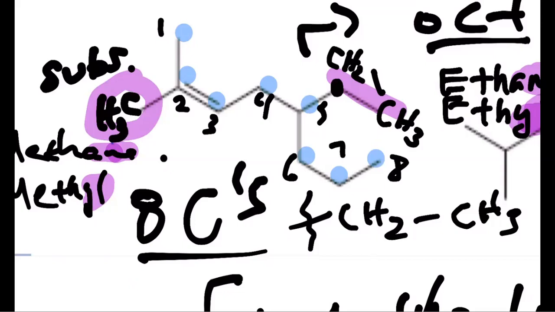So where is your alkene and where are your substituents? Which carbons? You got it. Alkene. Go ahead. Say that again. You kind of chopped up. The alkene is between 2 and 3, right? Good, good. That's right. What about your substituents?